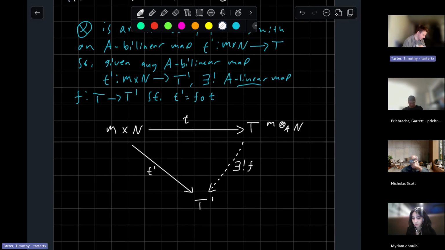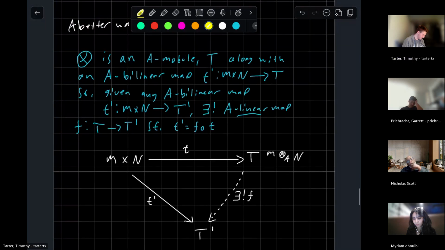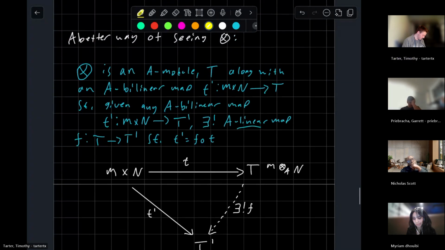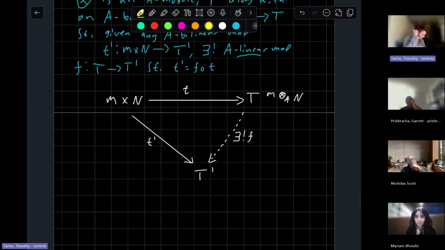So this is the intuition for it. So we send any product, M product N, factoring uniquely through the tensor product by this A linear map, which is not a bilinear map.